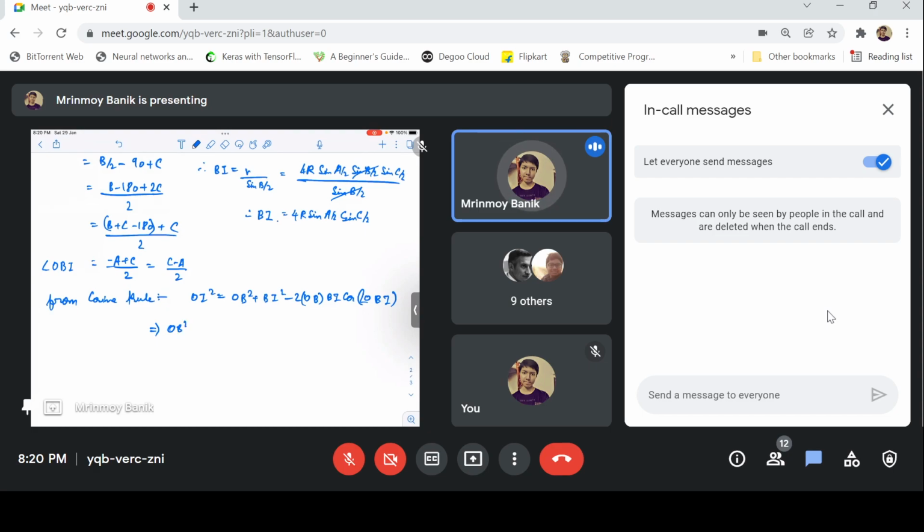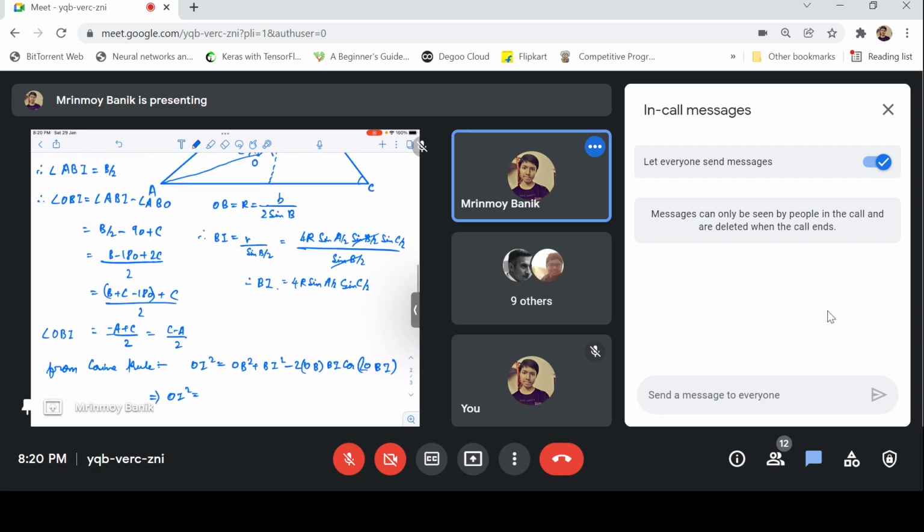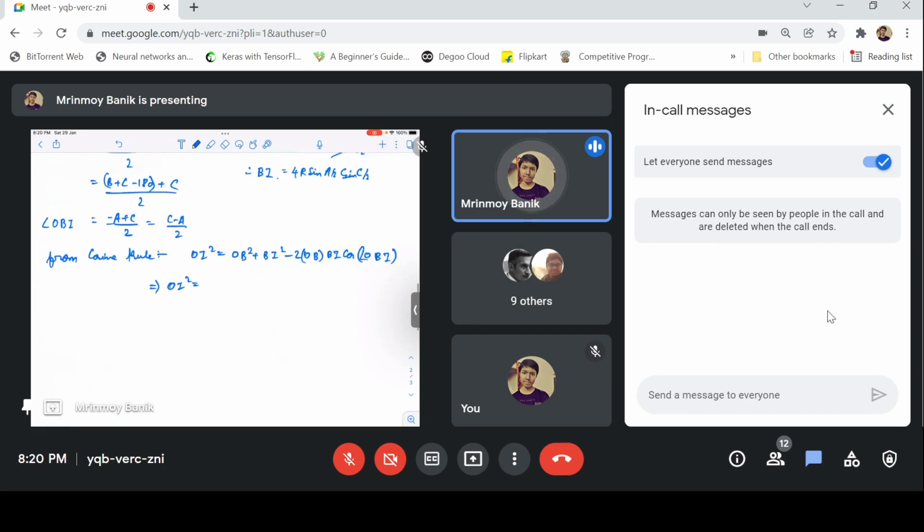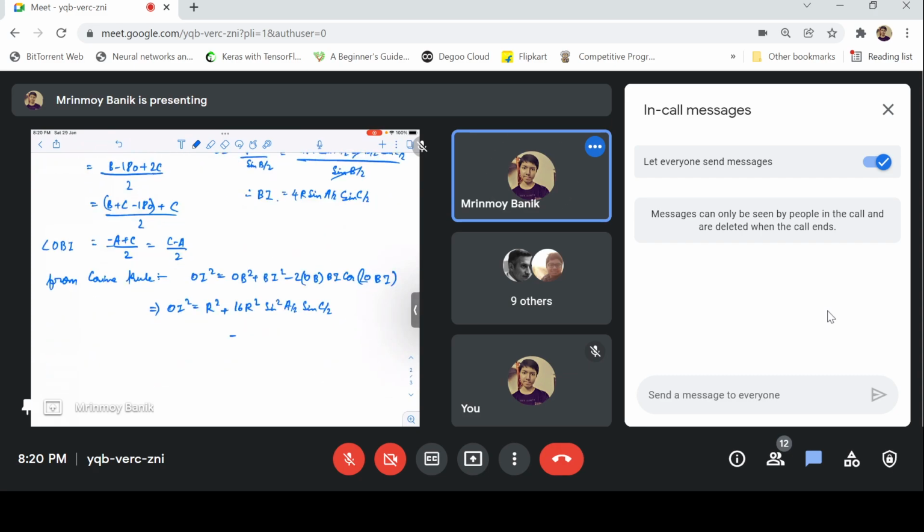So we got OI squared equals, OB is R, so R squared plus 16R squared sine A by 2 sine C by 2 minus twice R squared, or 8 times sine A by 2 sine C by 2 and cos of (C minus A) by 2.